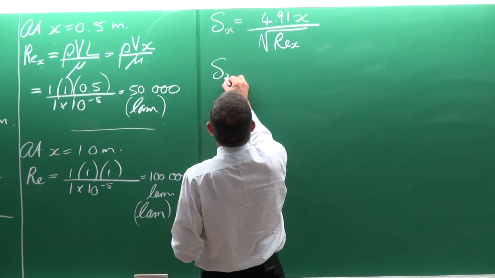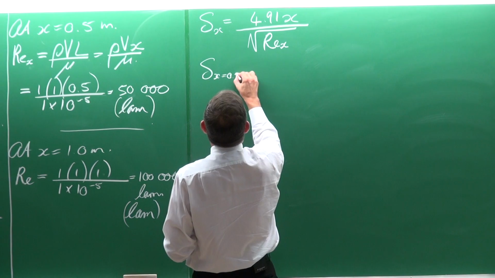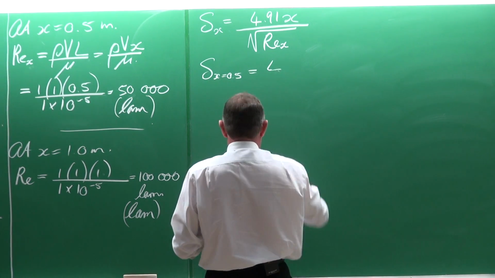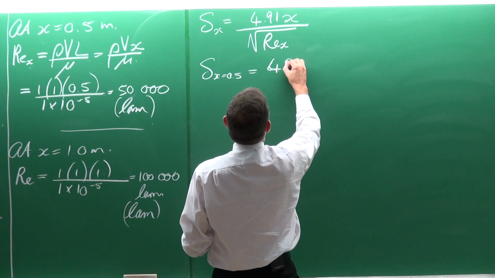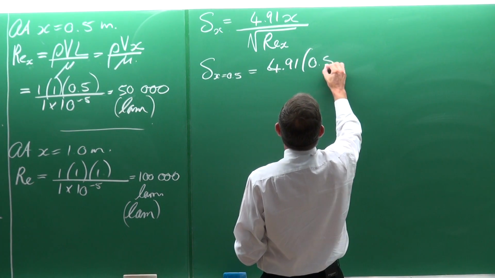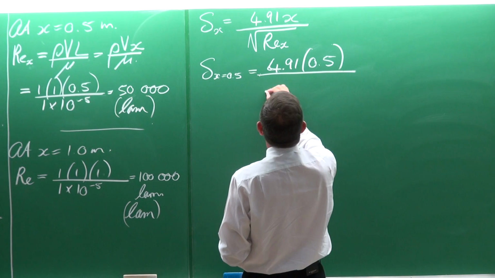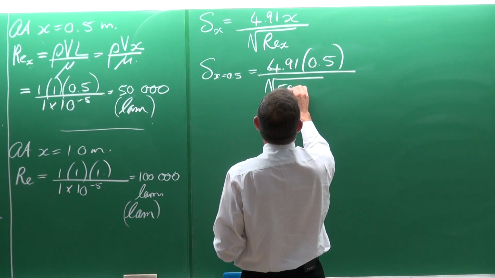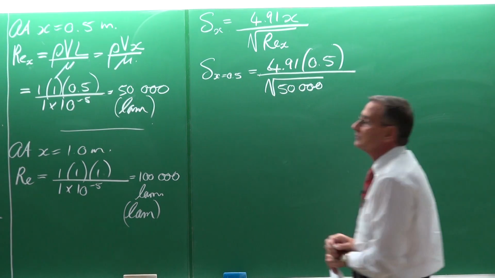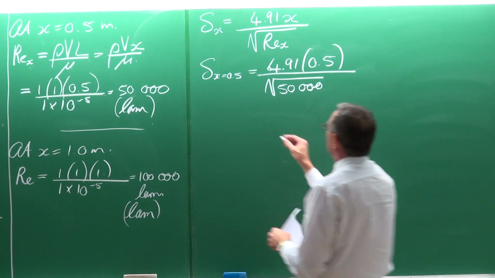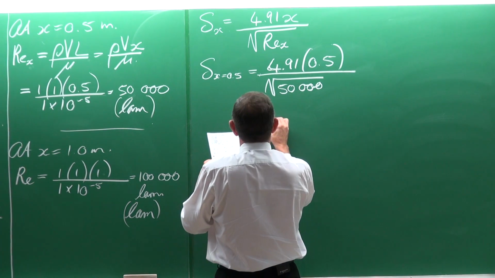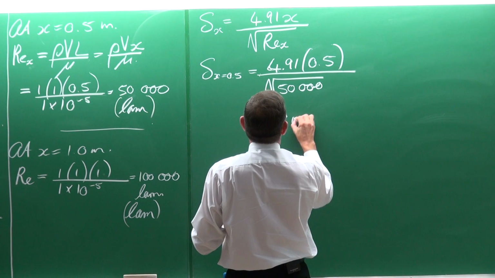So the boundary layer thickness where x is equal to 0.5 would then be equal to 4.91 multiplied by 0.5 divided by the square root of the Reynolds number, which is 50,000. And that is going to give us a boundary layer thickness of 10.9 millimeters.